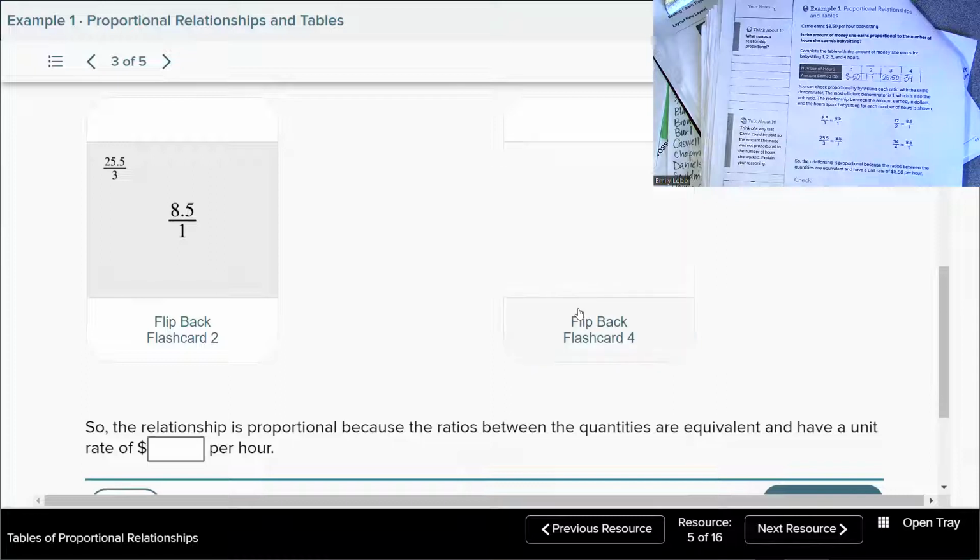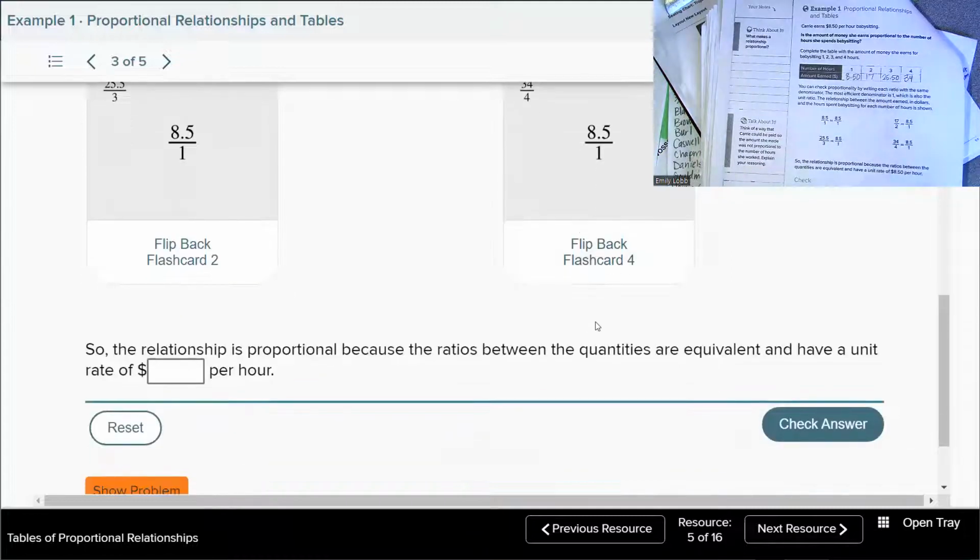And 34 divided by 4 is also 8.5. So they found the unit rates. So the ratio is proportional because the ratios between the quantities are equivalent and have a unit rate of how much per hour? $8.50 per hour.